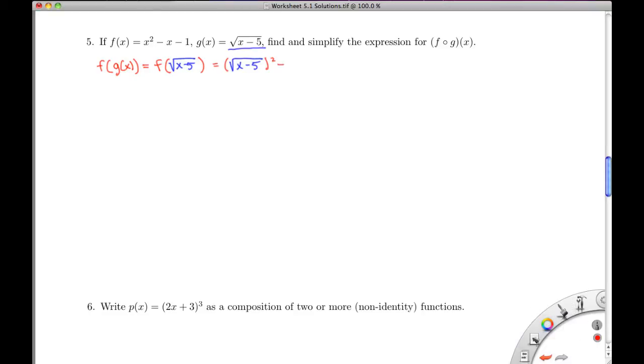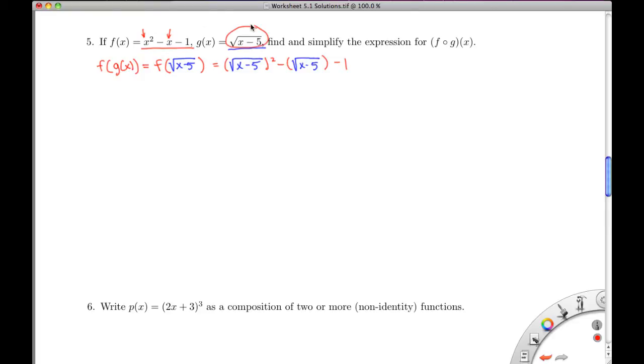Now in this case we've got a couple x's we've got to replace, so we're going to put in that place of this other x, again, our function g, square root of x minus 5, and then we subtract 1. So notice again that we went to f, anywhere that there was an x, namely here that was x squared, and then subtract x, we replaced it with our function g.